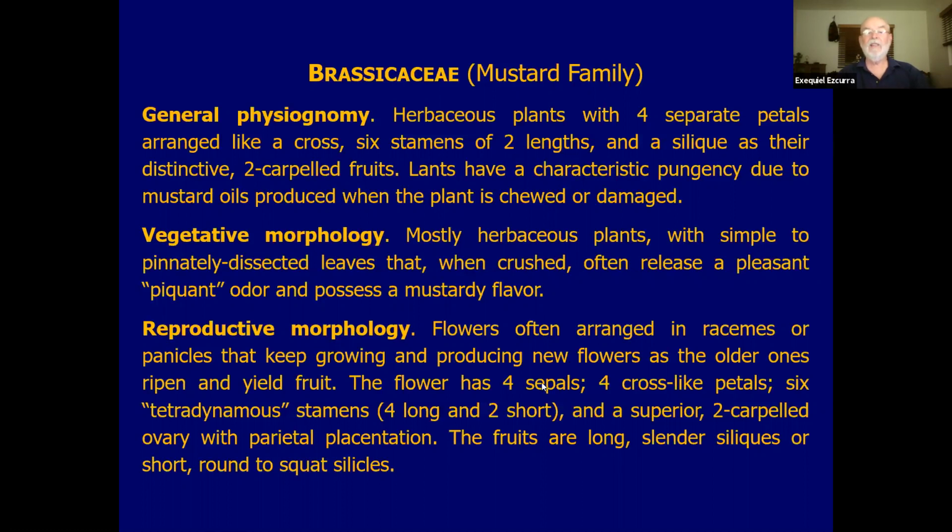They have 6 stamens, of which 4 are long and 2 are short. And we'll discuss in a little while the role that the short stamens have. And the fruit is a silique, formed by 2 carpels joined together with parietal placentation.